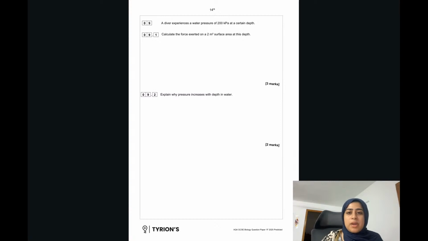Think about pressure, force, and area. Think about the formula for it. So force is equal to pressure times area. So here we're just doing 200, but that's kilopascals. So don't forget to times by 1,000 times 2. So that is 200,000.